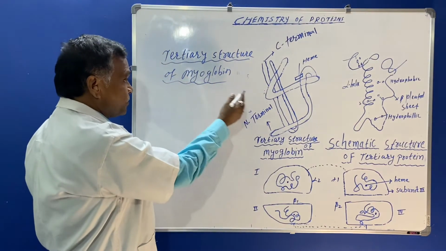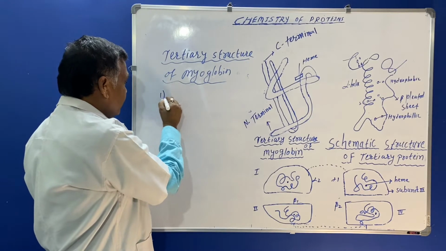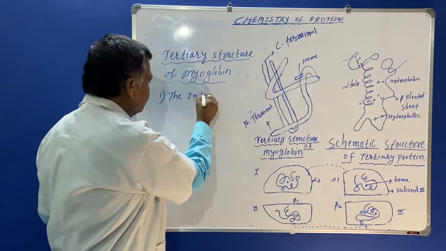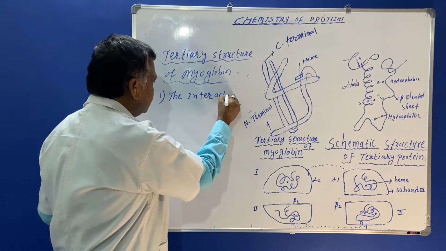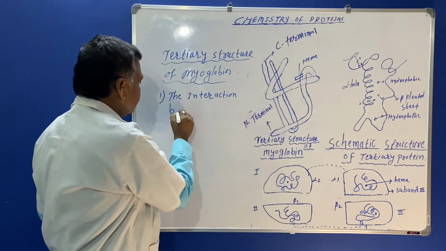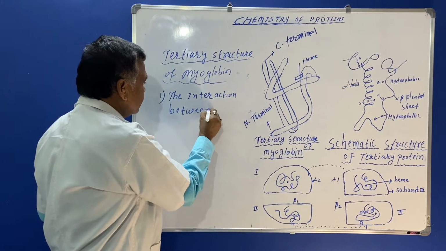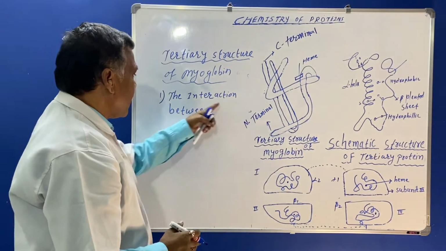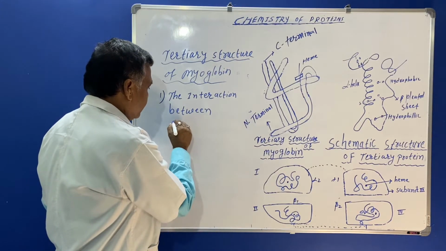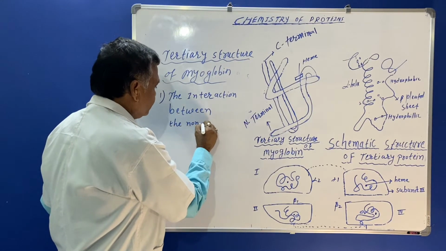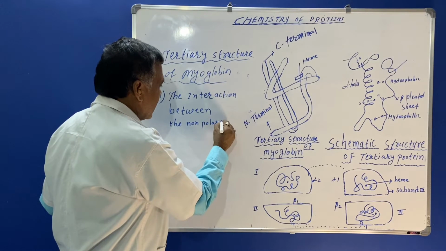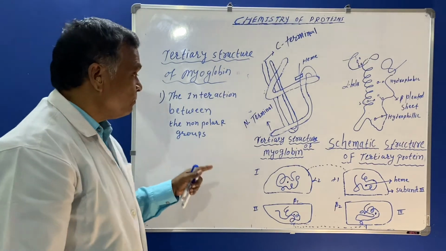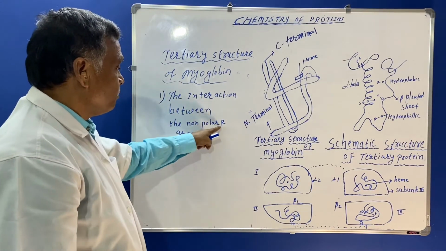In this tertiary structure of myoglobin, first the interaction, which means the formation of bonds, the interaction between the non-polar R groups. The first bond will form between the non-polar R groups.